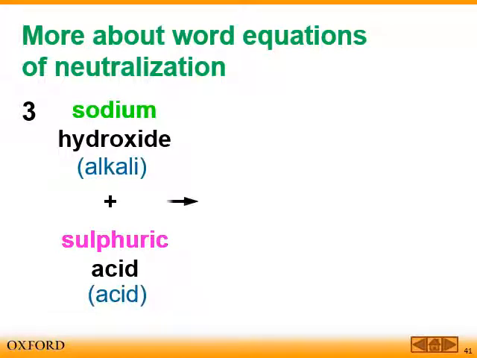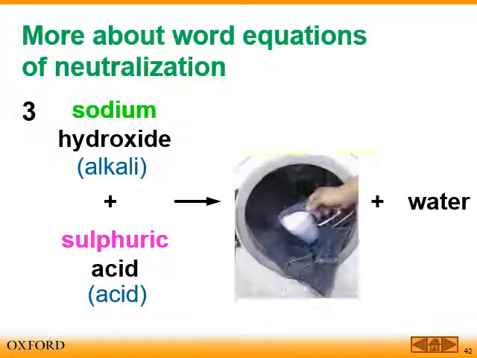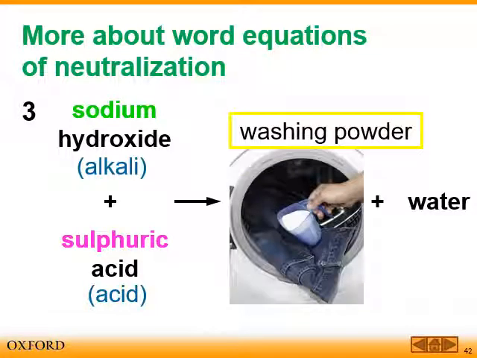Another example, we use sodium hydroxide and sulfuric acid. When they mix together, it forms another salt, that is sodium sulfate. Again, this salt cannot be eaten, but it can be used as washing powder.